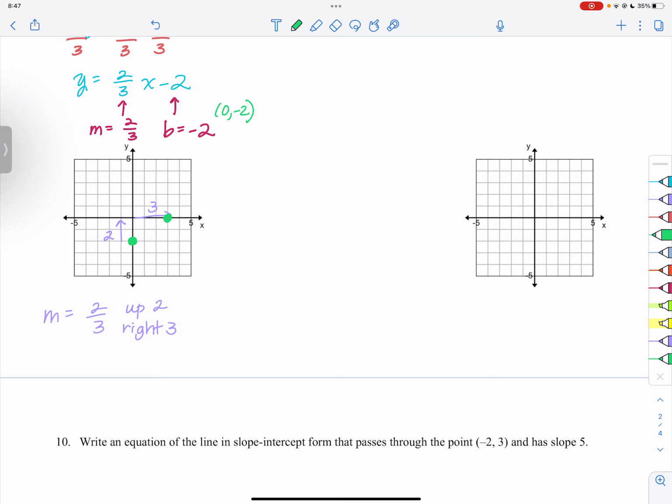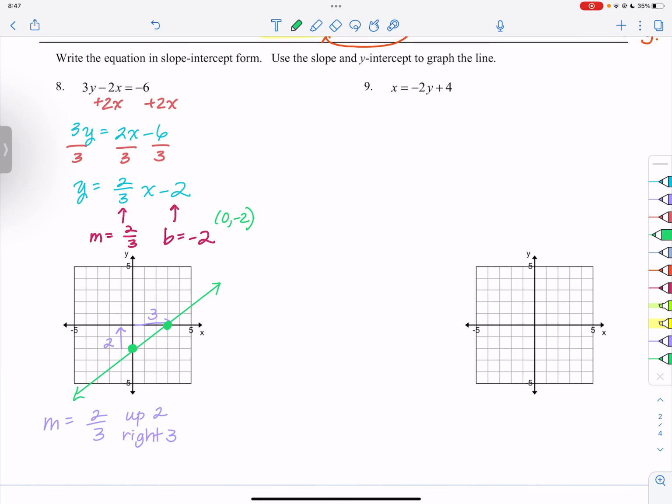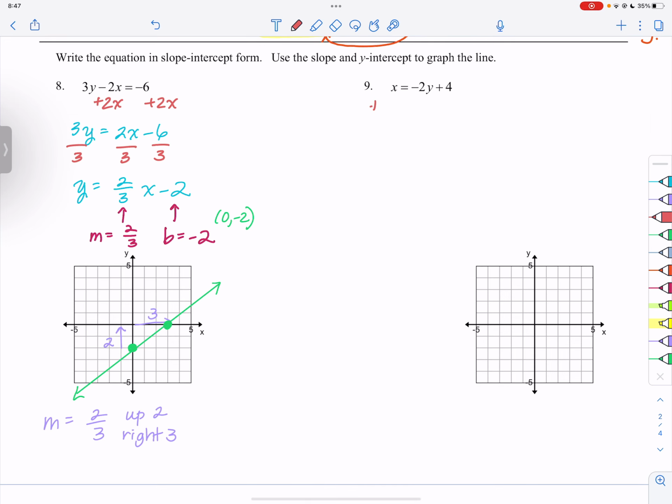And now we can connect those points, and it looks something like that. Let's solve for y again. Here we are going to add 2y to both sides, and we will have 2y plus x equals 4.